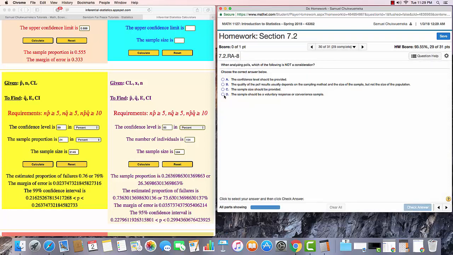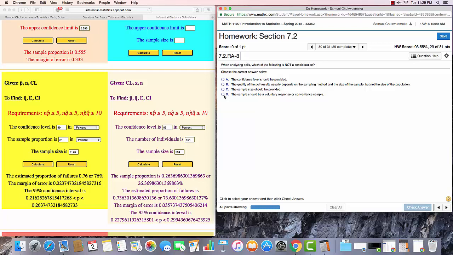Question 30. When analyzing polls, which of the following is not a consideration? A. The confidence level should be provided. B. The quality of the poll results usually depends on the sampling method and the size of the sample, but not the size of the population.